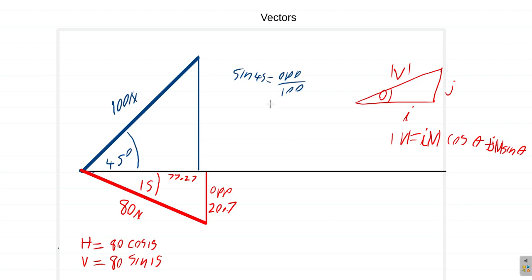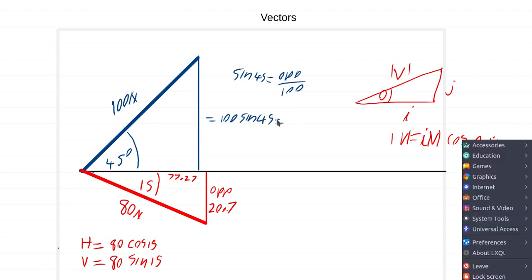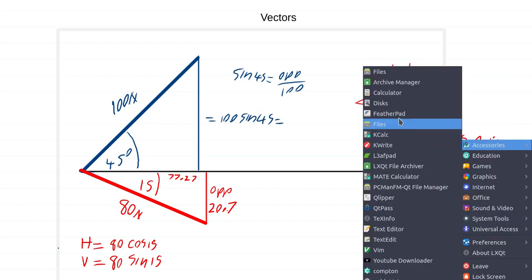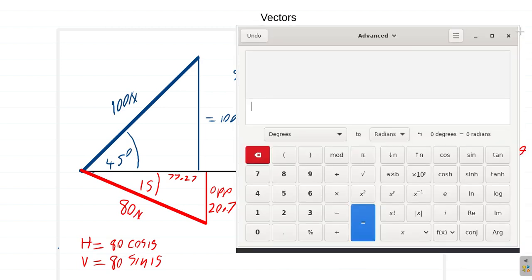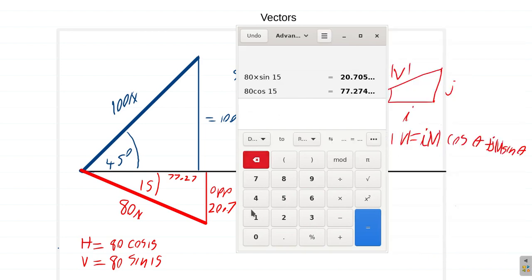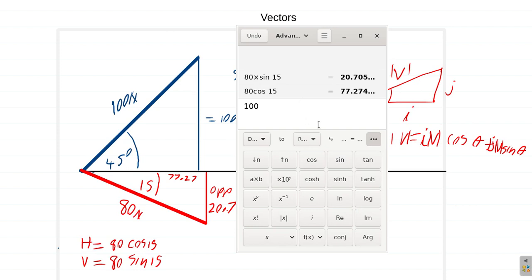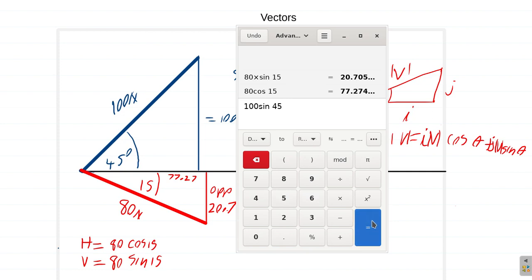So this length is equal to 100 sine 45. What do you get for it? Let us see. Calculator again. So we get 100 sine 45 equals 70.71.